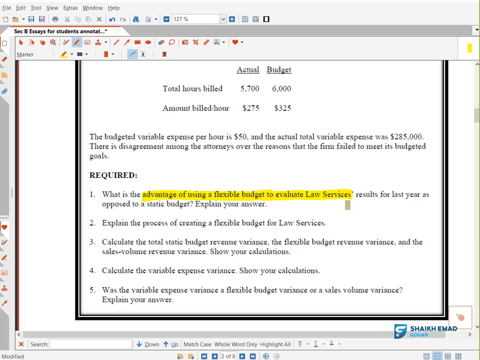Here you cannot write that it is a planning tool, an evaluation tool, a contingency tool. No, because they are not asking for overall benefits. They are asking why we will use a flexible budget to evaluate this company's results for this year as opposed to the static budget.